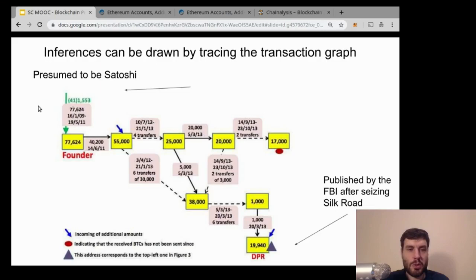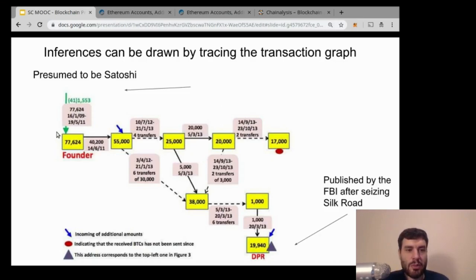So one research paper that came out, one of the pioneers of transaction graph analysis in cryptocurrencies, in Bitcoin especially, essentially traced a chain of transactions and related them by common behaviors, like they used similar timing patterns and similar amounts in each transaction.